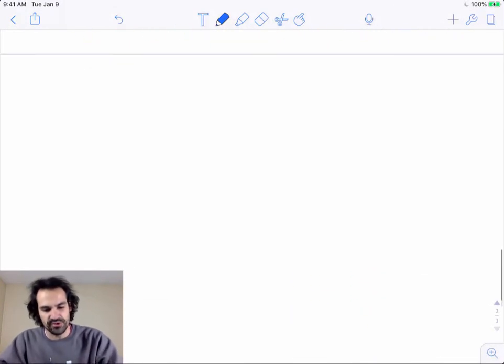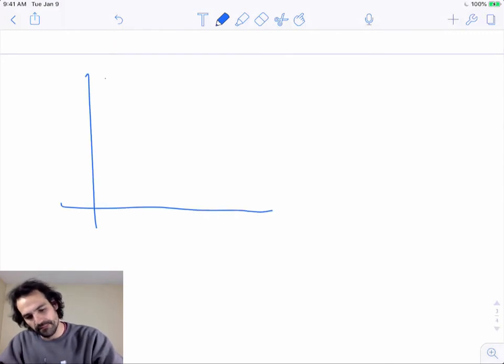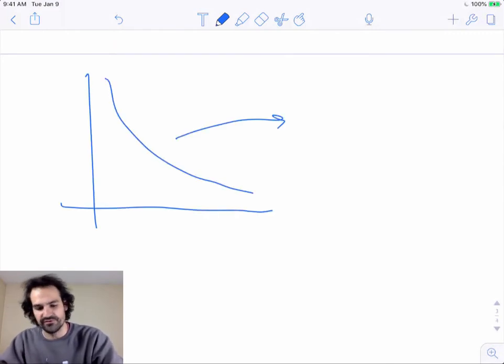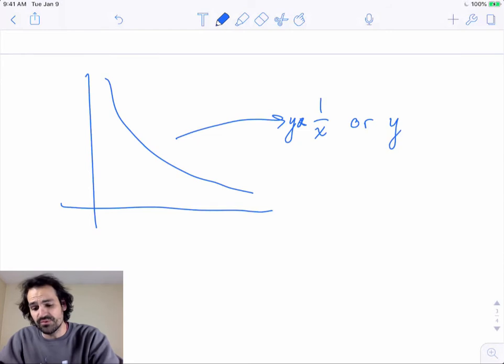An inverse proportionality could also represent two different things. It could be 1 over r or rather 1 over x, right? Because that could be whatever you plot along the x. Y is proportional to 1 over x, or y is proportional to 1 over x squared.